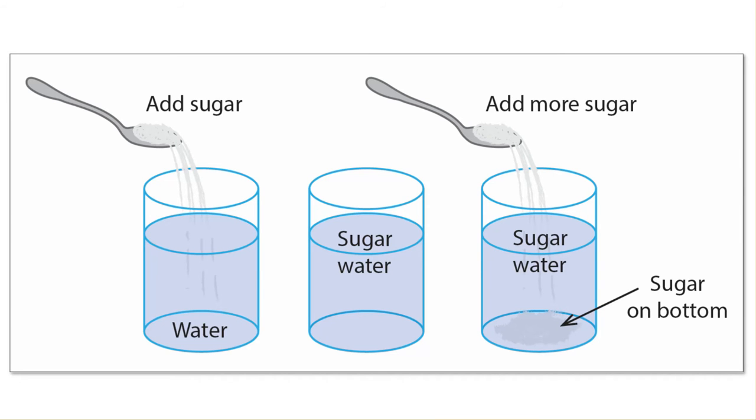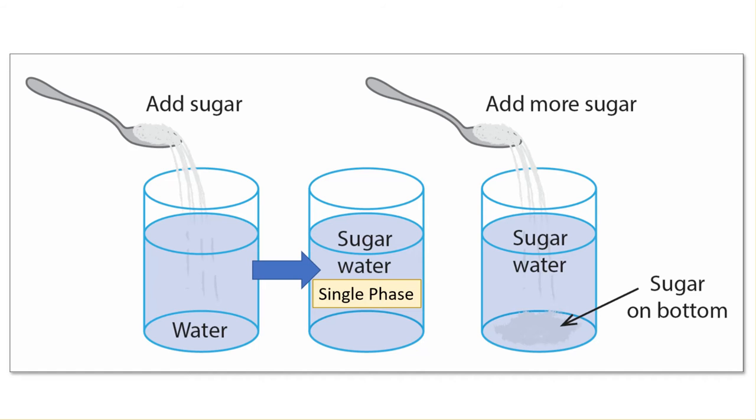Let's start with something that you have probably experienced. Let's say we start out with a glass of water. Then you start to add sugar, a little at a time. At the beginning, the sugar will dissolve in the water, and you have sugar water. This is all one consistency, so we call it a single-phase liquid.